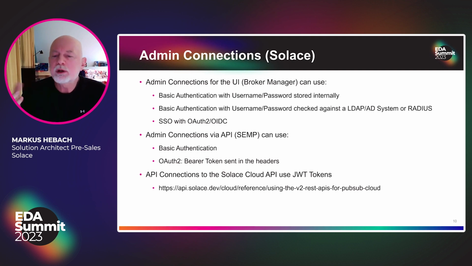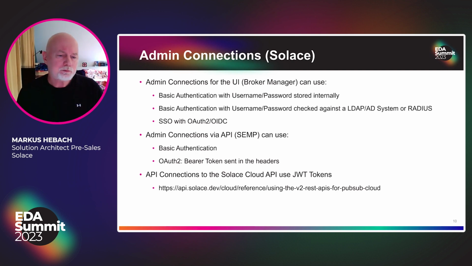Then you have the typical user-specific types of connecting, of authenticating. So single sign-on solutions are typical, like Azure AD, Ping, Okta, and so on, what I mentioned, to do that.